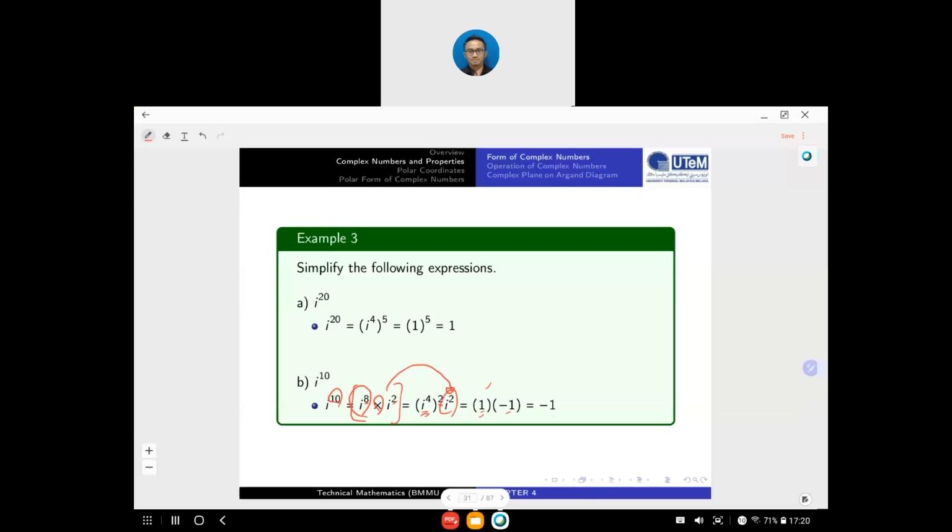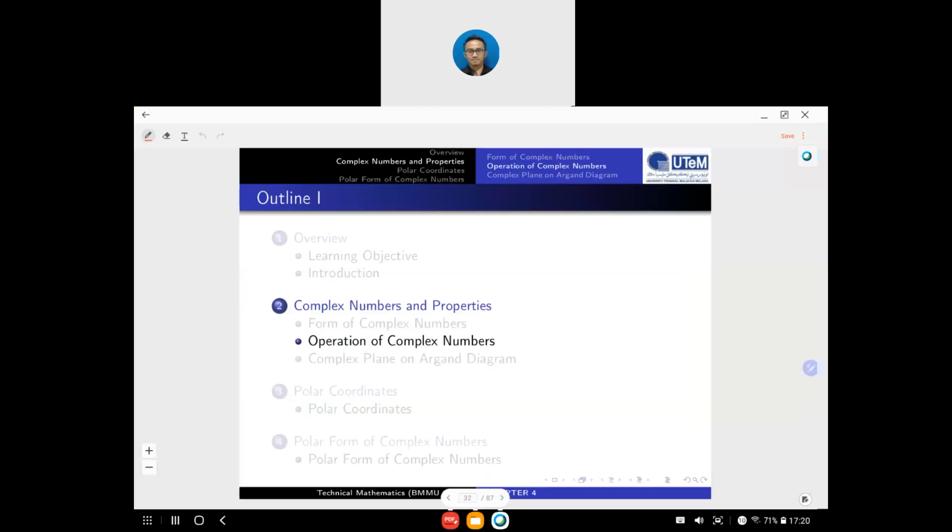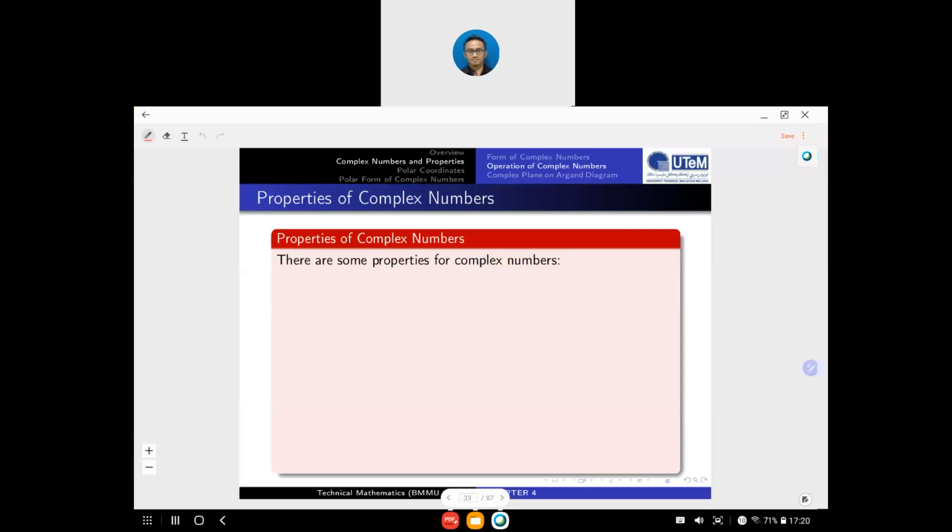We know that the square root of negative 1 equals i. So you need to transform to the square root of negative 1. When you transform, you get the square root of 16 times the square root of negative 1. The square root of 16 equals 4, and the square root of negative 1 equals i. So your answer is 4i.